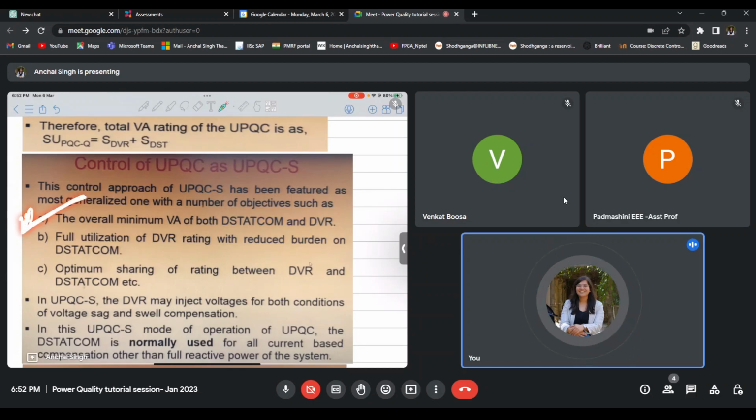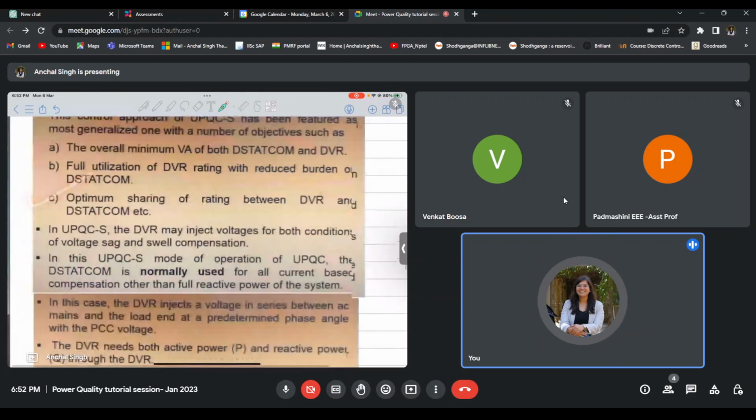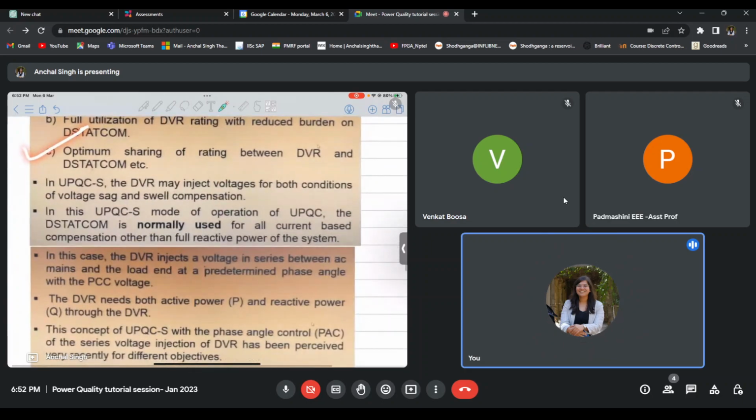The sum of VAs of both DVR and D-STATCOM is minimum in this one, and both are fully utilized. There is optimum sharing of rating between the DVR and D-STATCOM. So when you have a problem statement and you try to design all three of them, UPQC-Q, P, and S, you will observe that there is perfect sharing and optimized rating in UPQC-S.